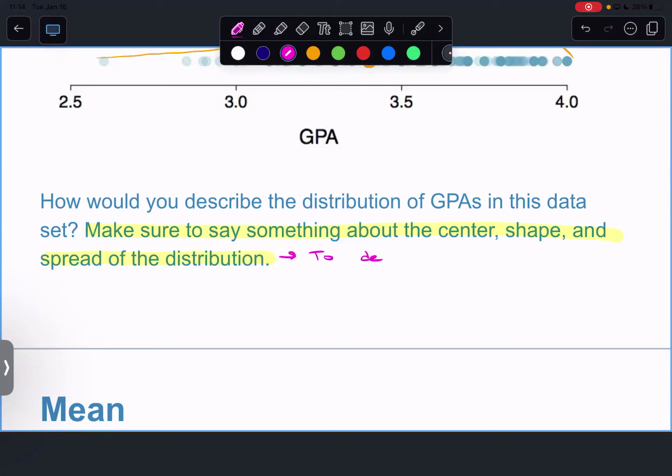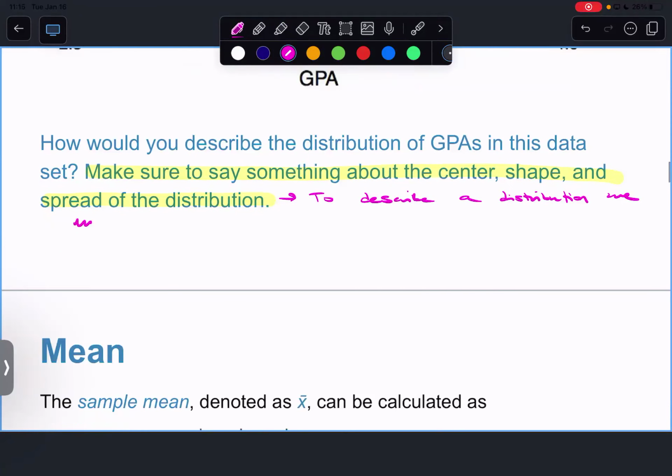To describe a distribution, we must discuss shape, center, and spread.